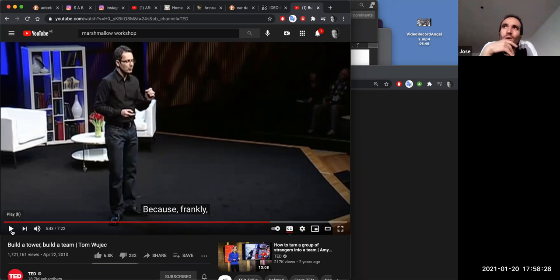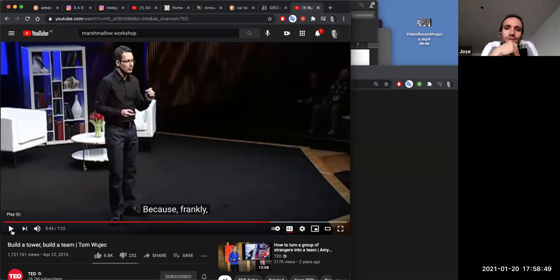The marshmallow was the hidden assumption. What was the hidden assumption hidden in the marshmallow? What was the assumption that adults made in the planning phase that made the structures collapse?